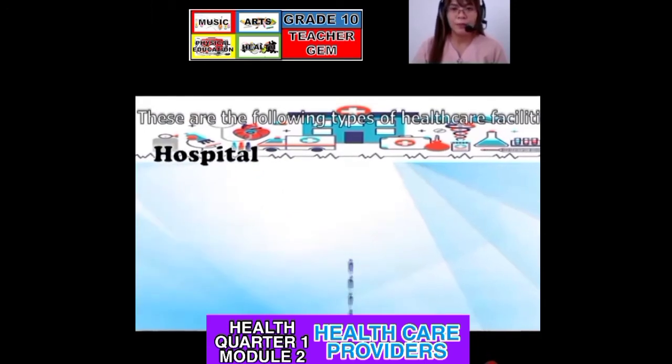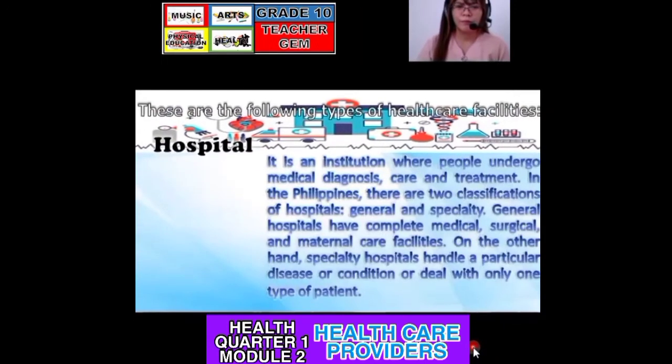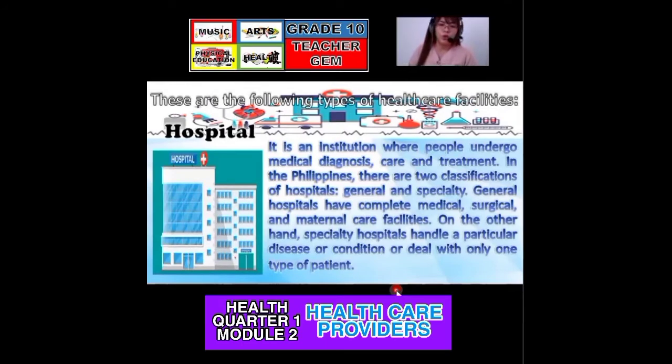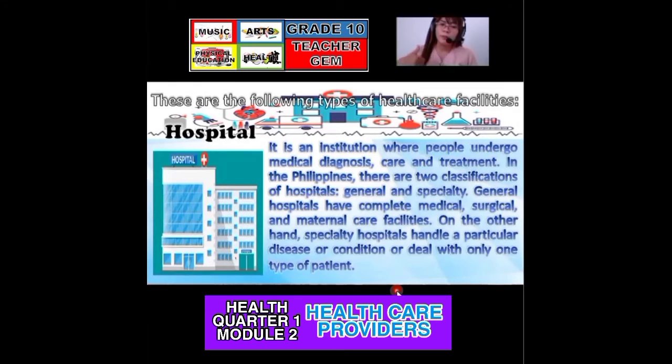First, we have hospital. It is an institution where people undergo medical diagnosis, care, and treatment. In the Philippines, there are two classifications of hospital, general and specialty. General hospitals have complete medical, surgical, and maternal care facilities.